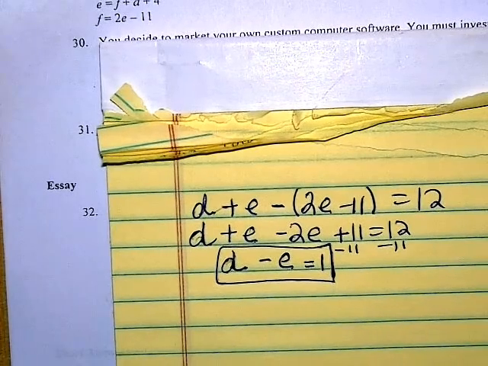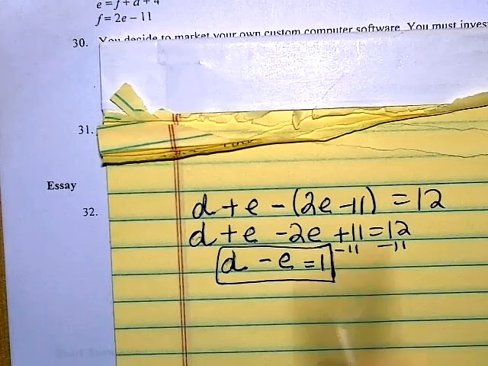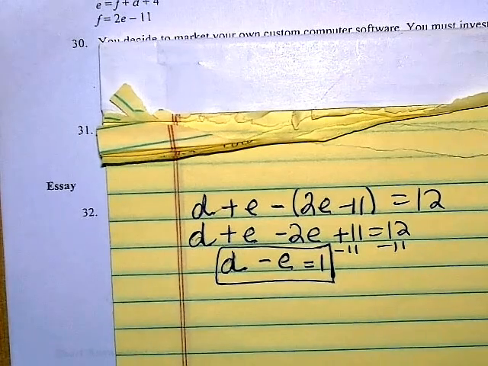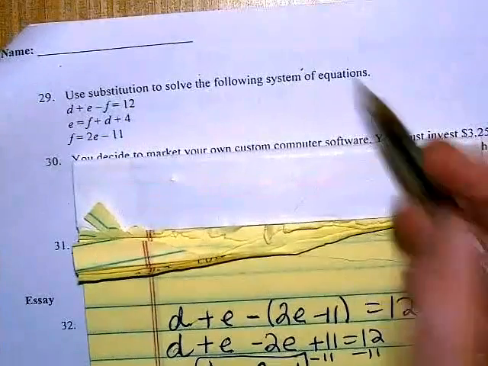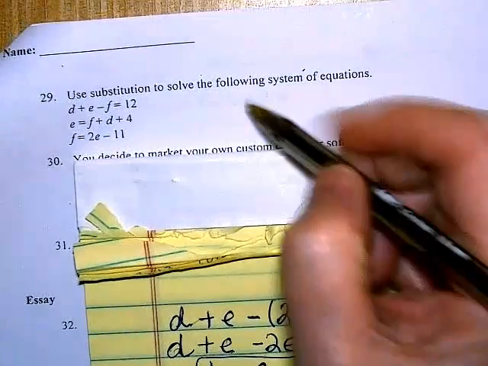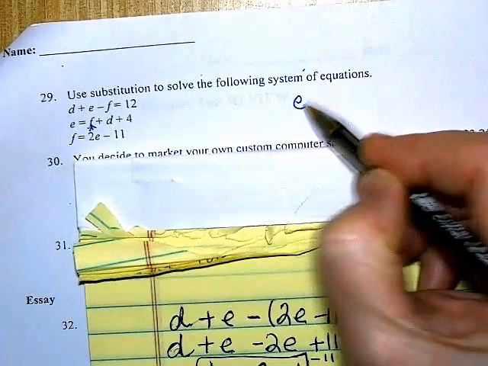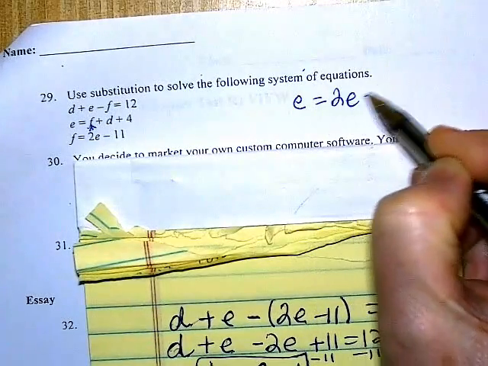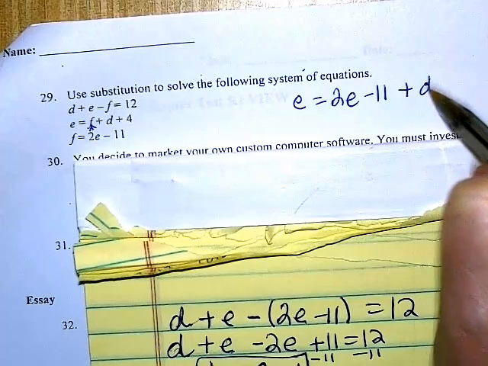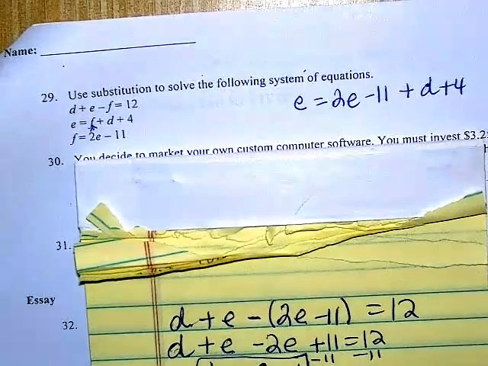Plug F equals 2E minus 11 into the next one. Okay. So I'm going to do that right in this area so that I can have a little more room here. So you're saying put this right there. So it says E equals 2E minus 11 plus D plus 4. Right?